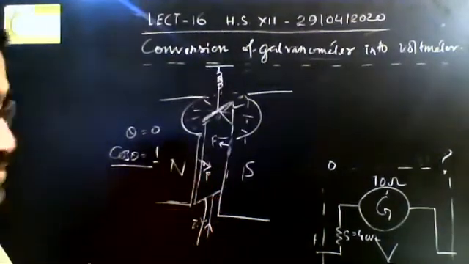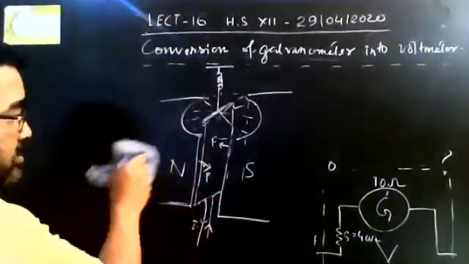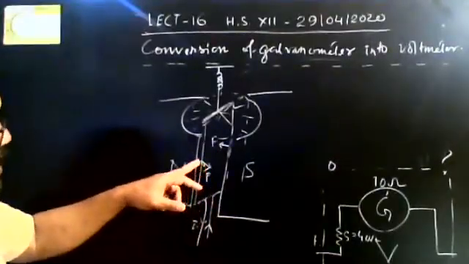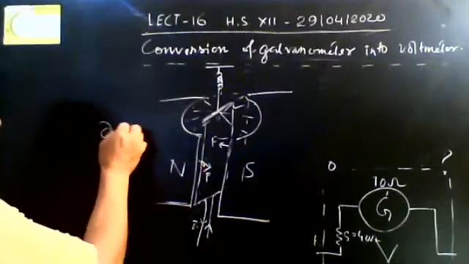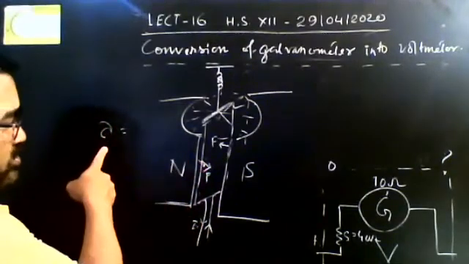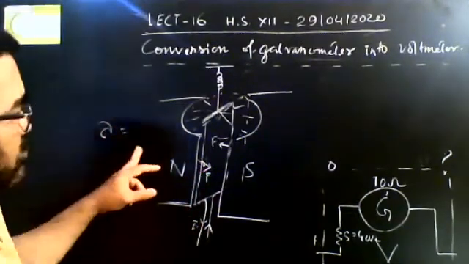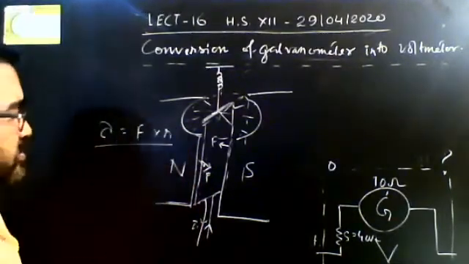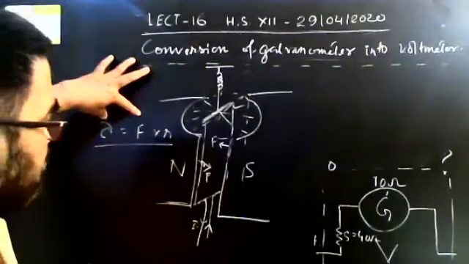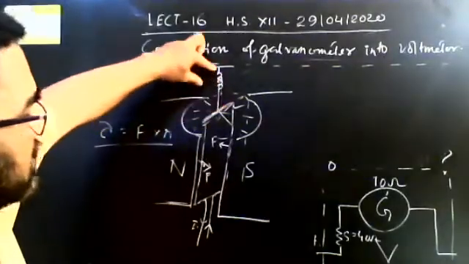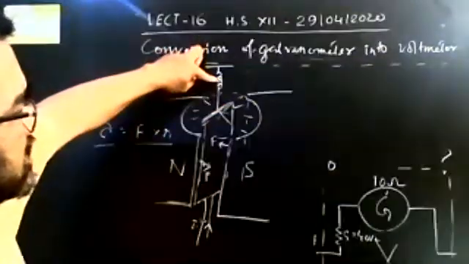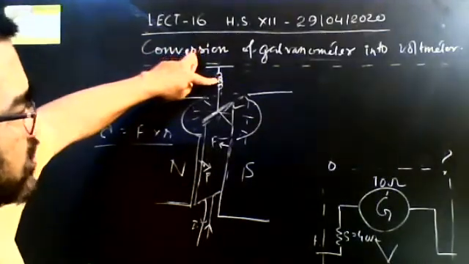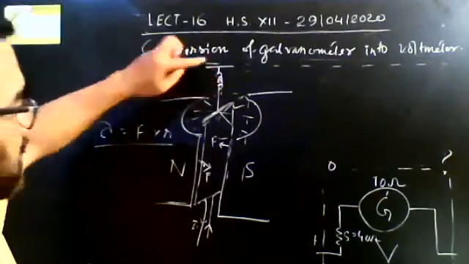As you remember, F is equal to ILB. From that we have calculated the torque, from the force and distance. The anti-torque, the restoring torque, is exerted by the spring.